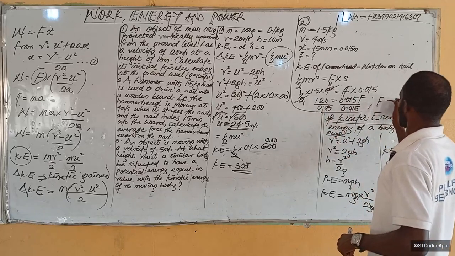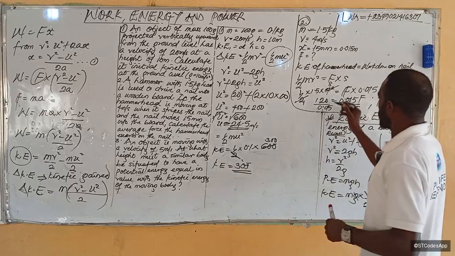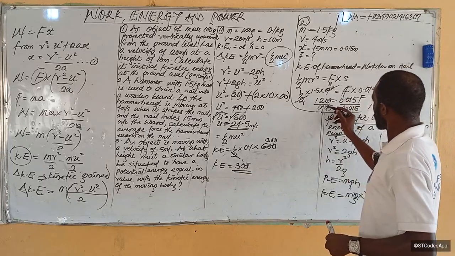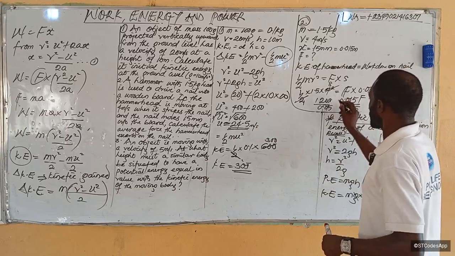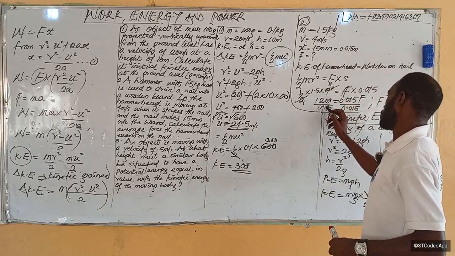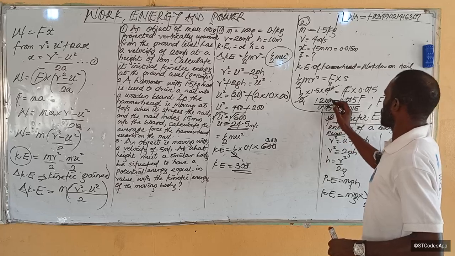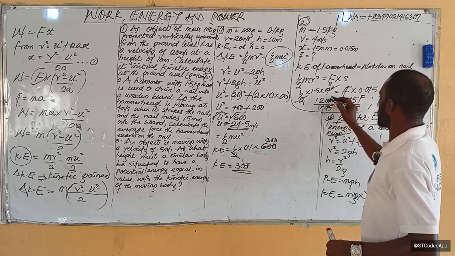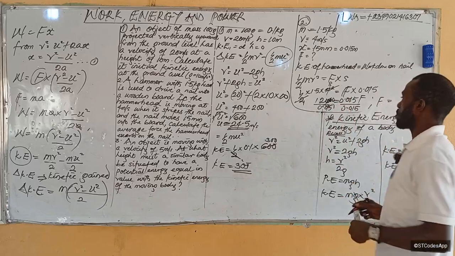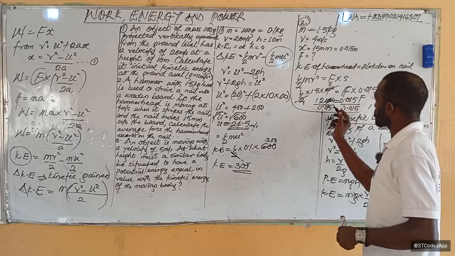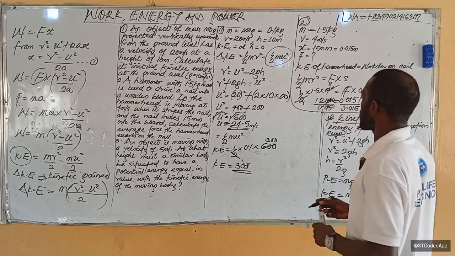So F will be equal to 120,000 divided by 15. You don't even need a calculator, honestly. Already we know that 15 in 120 is 8.